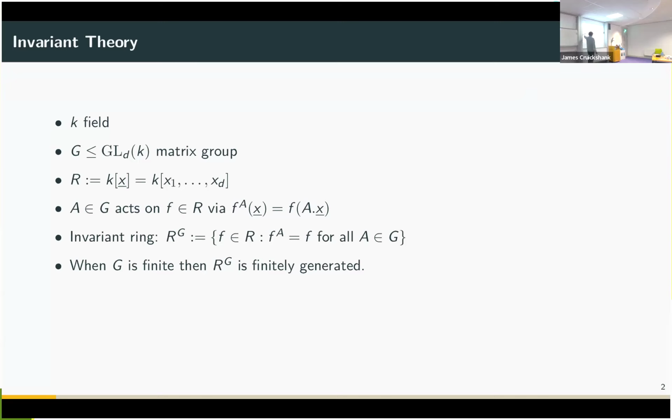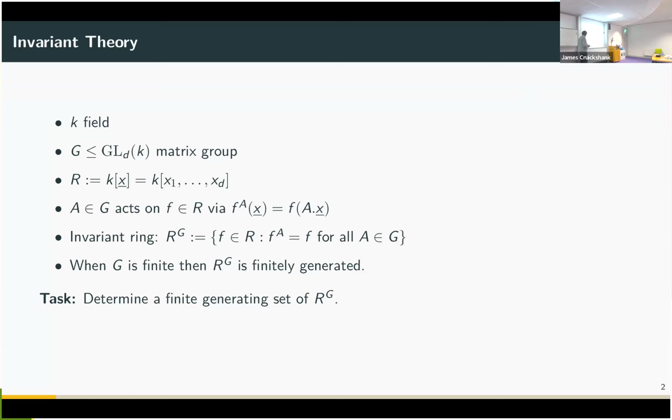Okay, but if we believe that this is a group action, then we can ask what are the fixed points under this action in the polynomial ring. One of the theoretical results is that if you start with a finite matrix group, then this ring of invariants is finitely generated, and the natural question is to compute such a finite generating system.